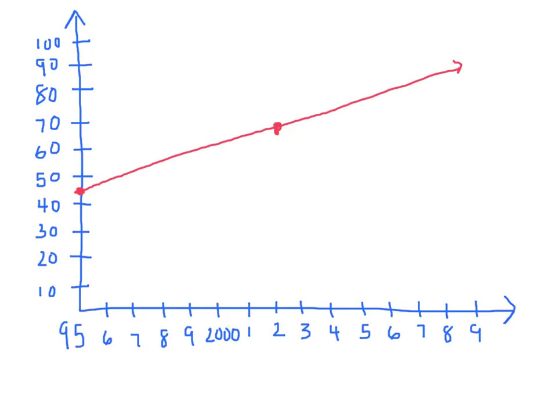Okay, so here's a rather poorly drawn graph of the data we were just looking at. I plotted my beginning point at 44.5 thousand, and I plotted a point at the year 2002 and 66.9 thousand. The idea with linear modeling is, were the increase in the population to remain the same past 1995, we would be able to follow this line and continue to project where the fish should have been.